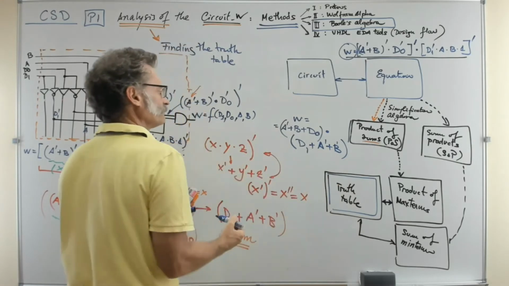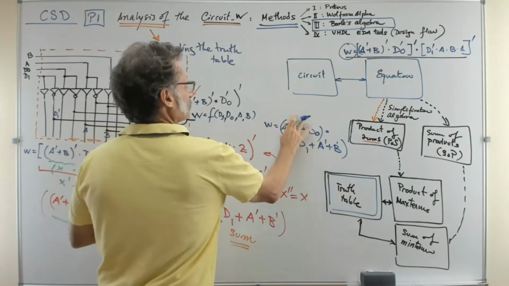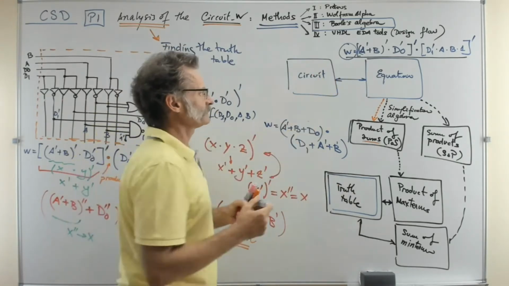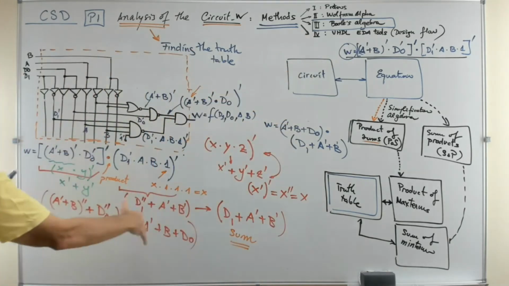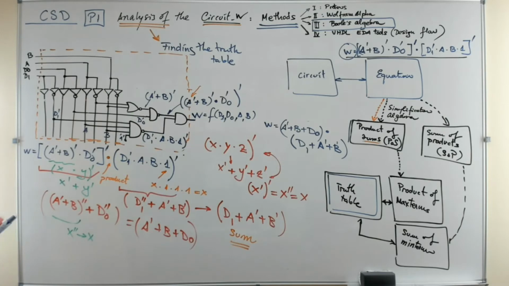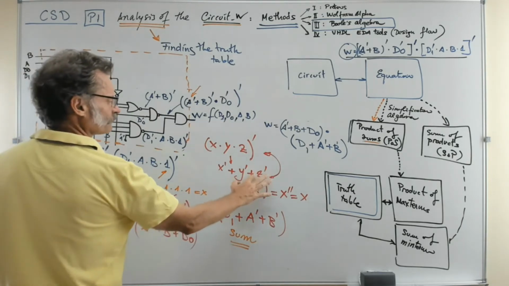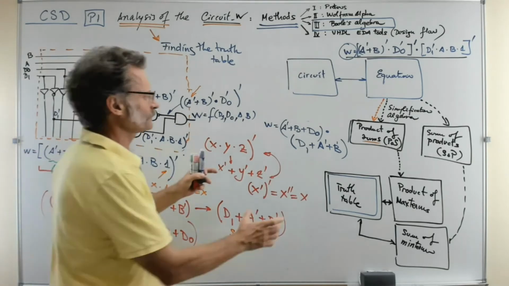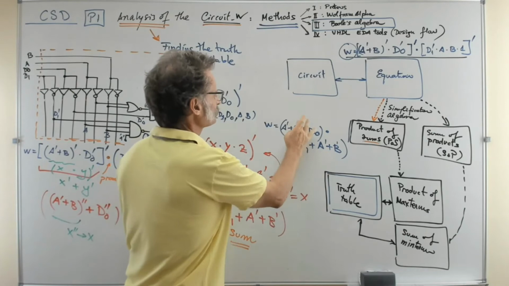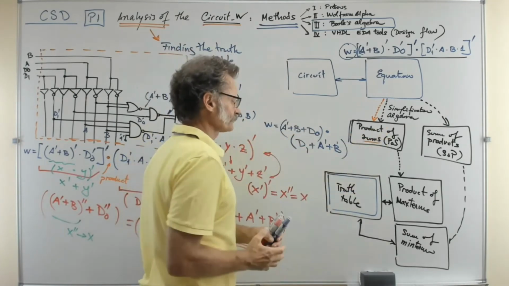This is the W, right? The same W that we had at the beginning, but through these transformations using this kind of stuff from Boole's algebra, okay, postulates and theorems and the like, we get something simpler. So here it is. This is what is called a product of sums.